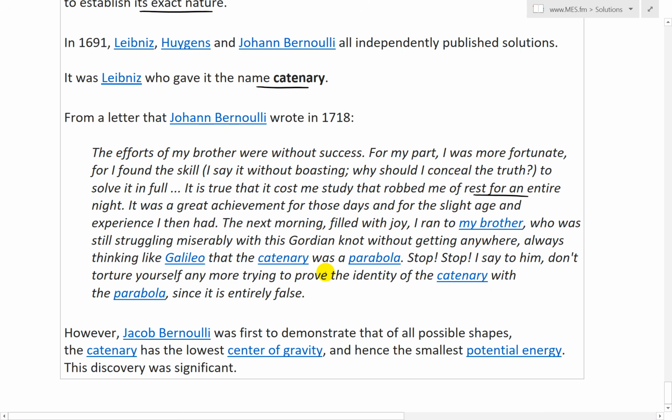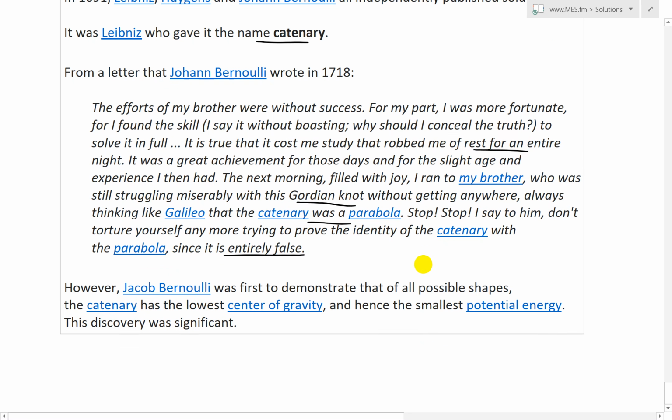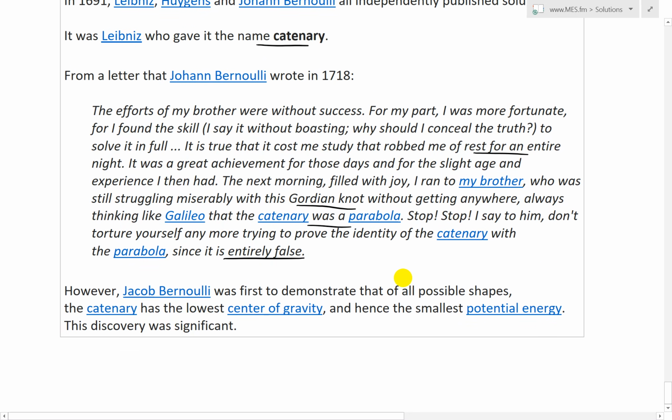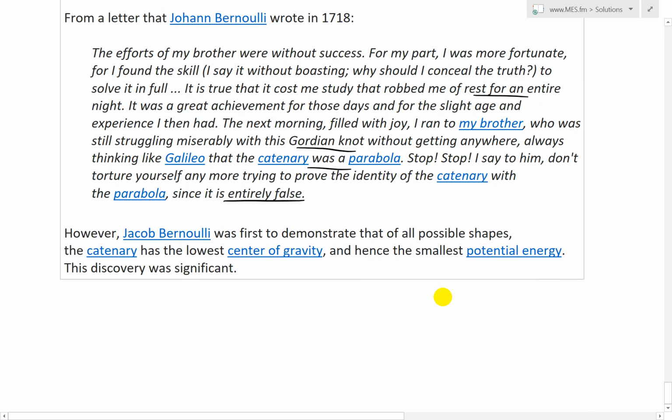The next morning, filled with joy, I ran to my brother, who was still struggling miserably with a Gordian knot, getting nowhere, always thinking like Galileo that the catenary was a parabola. So it's not a parabola. Stop, I said to him, don't torture yourself anymore trying to prove the identity of the catenary with the parabola, since it is entirely false. It's a pretty interesting level of excitement over mathematics.